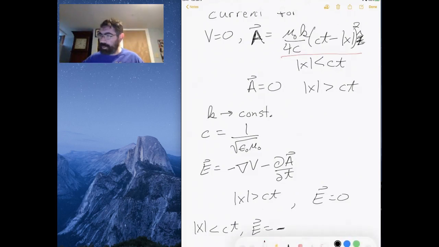That would be the time derivative of mu 0 k over 4c, ct minus x quantity squared, in the z direction.